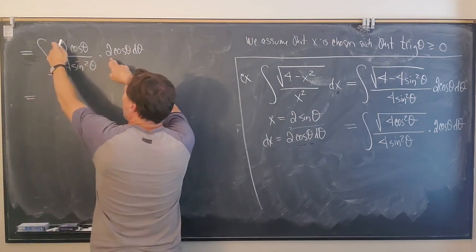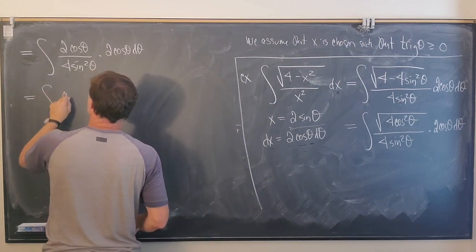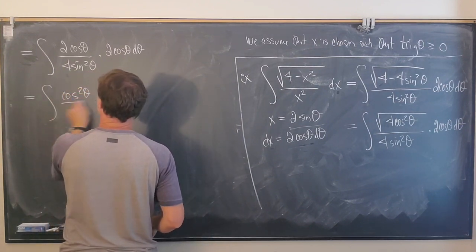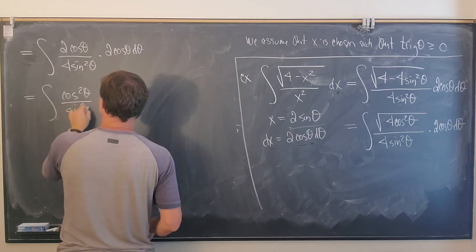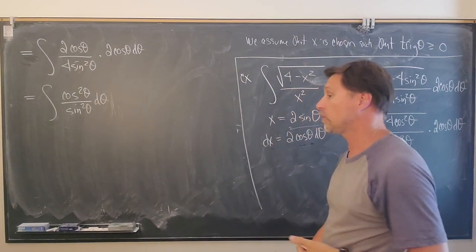So I've got a 4 in the numerator, 4 in the denominator. That's going to cancel. And so what we'll have is cosine squared theta over sine squared theta d theta, which you can write as cotangent squared if you like.